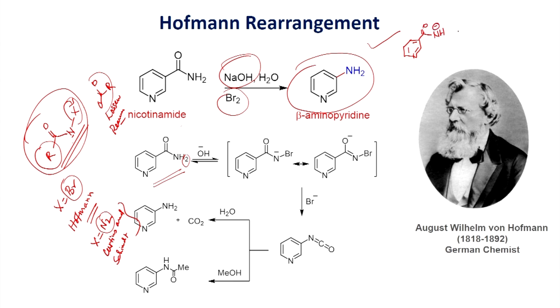this intermediate. Once you have this one, it can react with bromine, and you will be able to form this species.